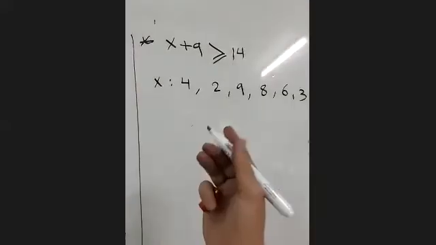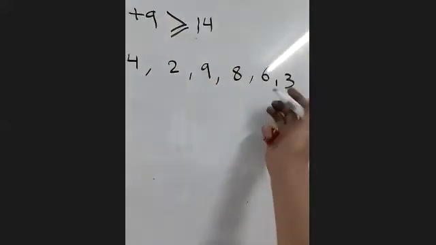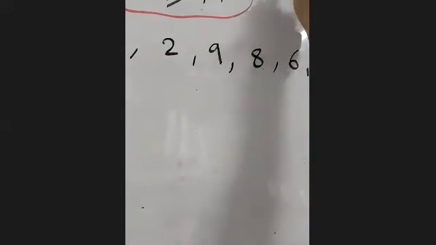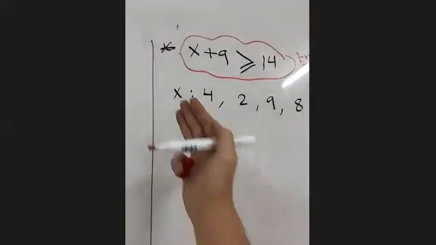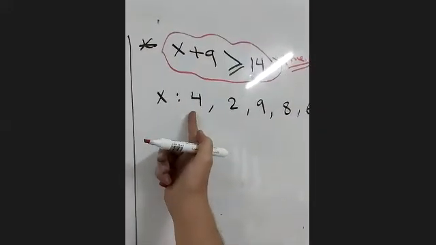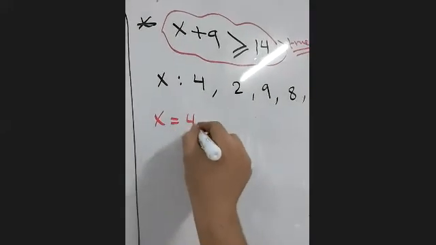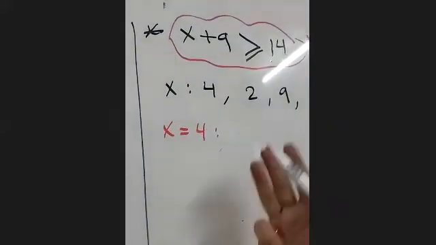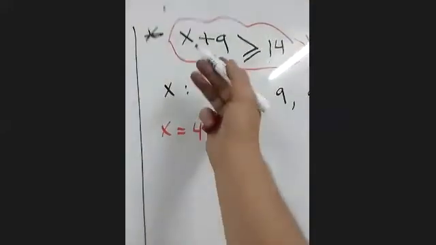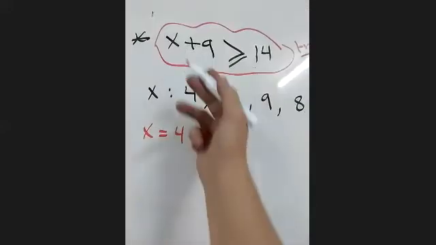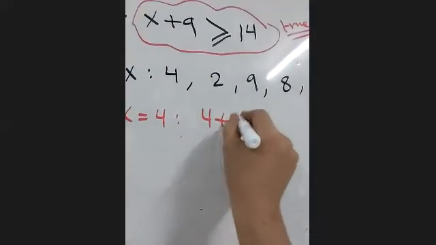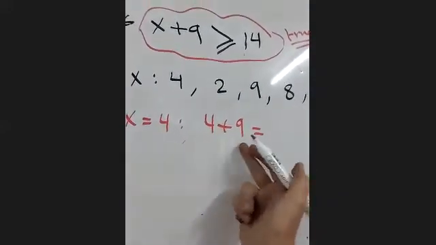Now here we need to check to know which of these numbers can make this inequality true. Okay, so let's start with x if it's 4. If x equals 4, replace x with 4. What will it be, guys? 4 plus 9. How much is 4 plus 9?